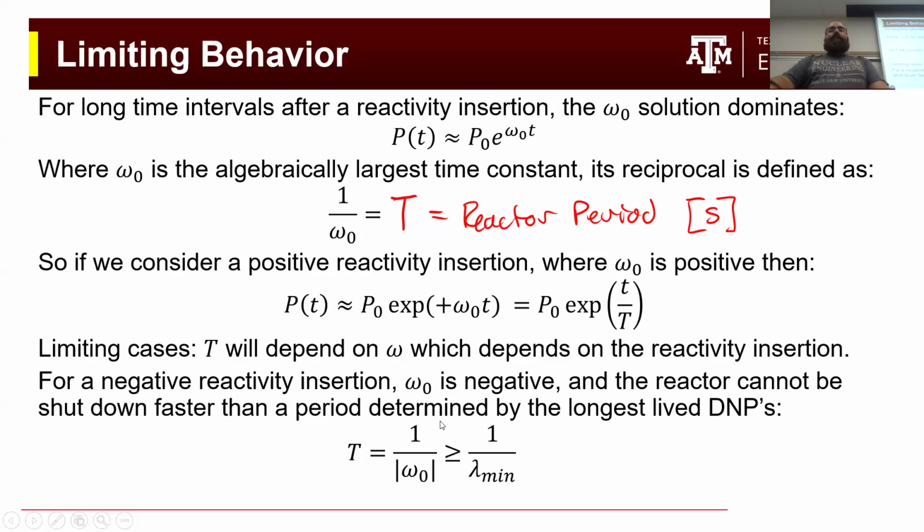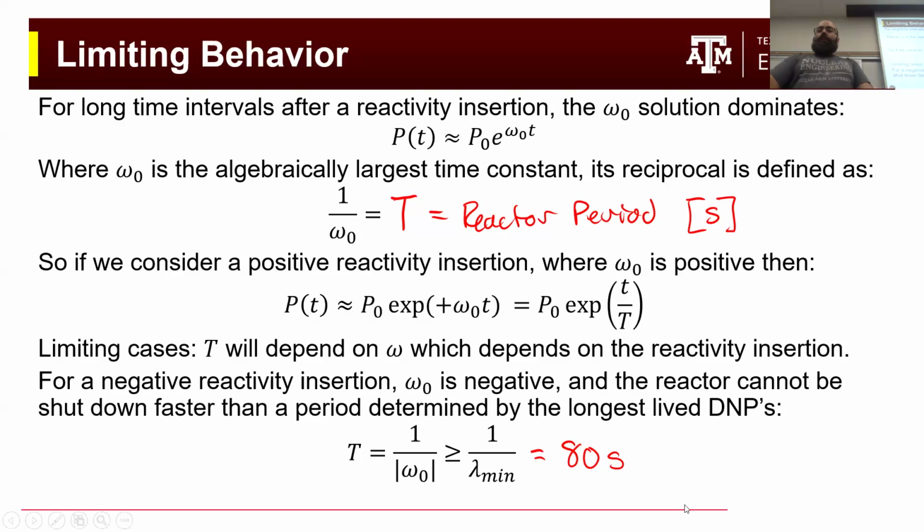For a negative insertion, this time constant is going to be negative, and we're going to be limited in terms of the reactor period by the minimum lambda. And we said that that minimum lambda was 1 over 80 inverse seconds. So the reactor period is going to be limited by the reciprocal of that, which would be 80 seconds.